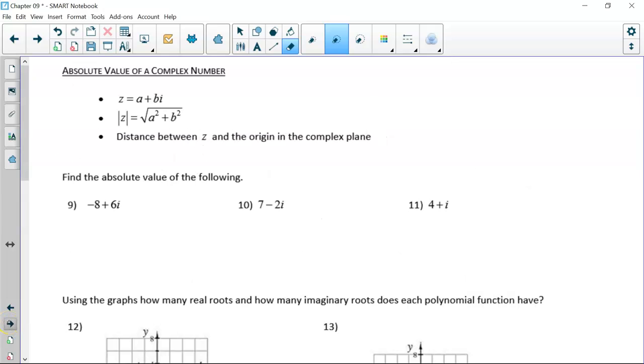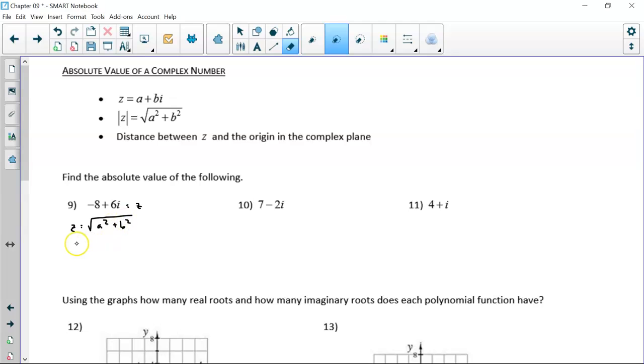Now, instead of having to draw the triangle every single time, the absolute value of a plus bi is z. And that's the distance between the point and the origin. So the absolute value of negative 8 plus 6i is z. So z is going to equal the square root of a squared plus b squared.